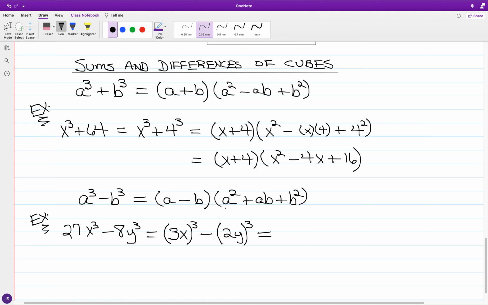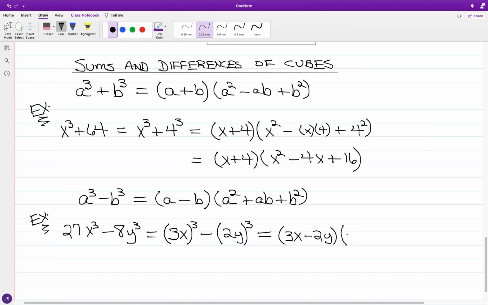And if I cross over to the factoring, for a minus b, this would be 3x minus, we have b, again represented by 2y. And then crossing over to the trinomial, for the square of a, what is a?